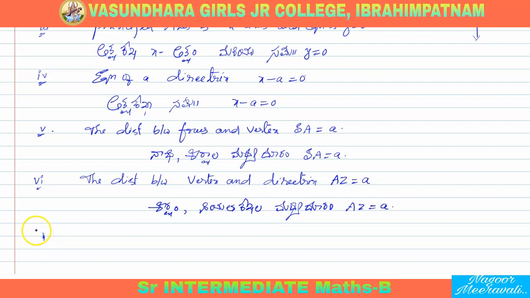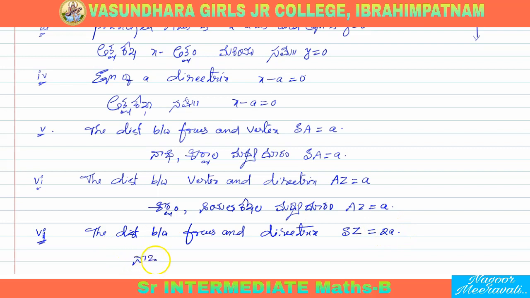Next one, the distance of the focus from the directrix. The distance between focus S and directrix foot of the perpendicular Z is 2a. SZ is equal to 2a units.